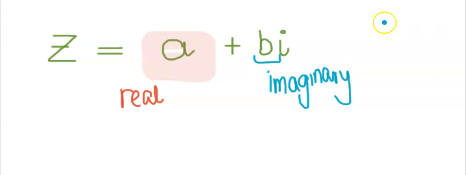In some literature, rather than an i, you will see a j, depending on whether you're using an engineering book or a mathematics book. They're exactly the same.